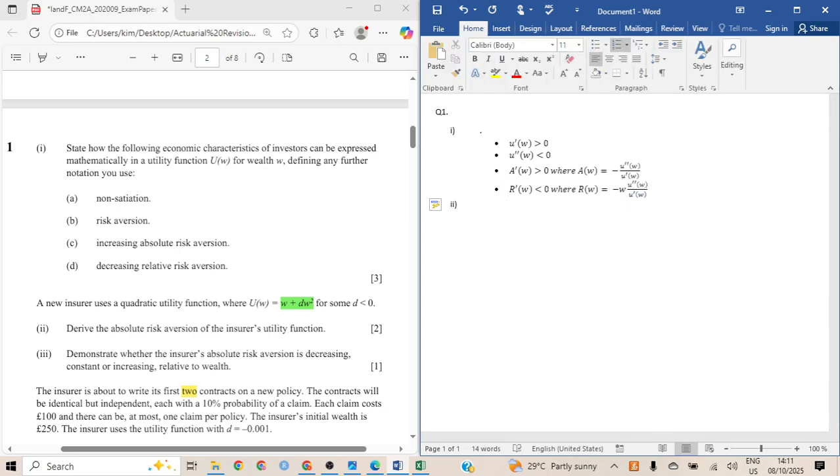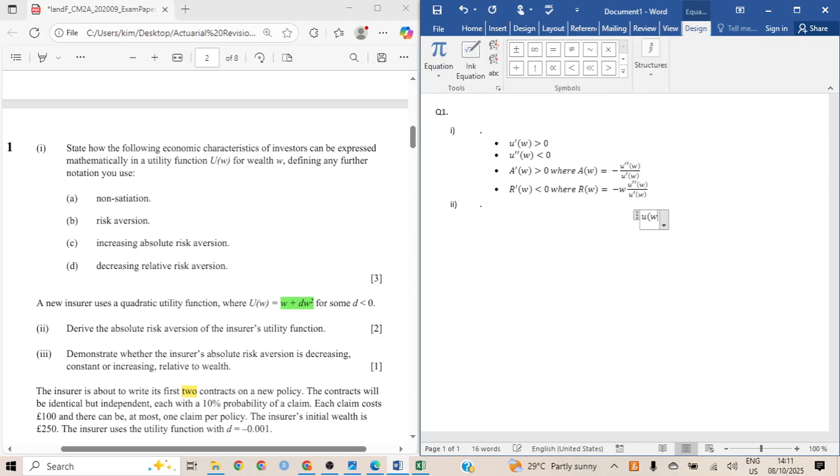The second part is asking: a new insurer uses a quadratic utility function. We are given that where D is less than 0, derive the ARA of the insurer's utility function. So we already have the formula of the ARA here. We are given the utility of wealth for this investor is W plus D wealth squared.